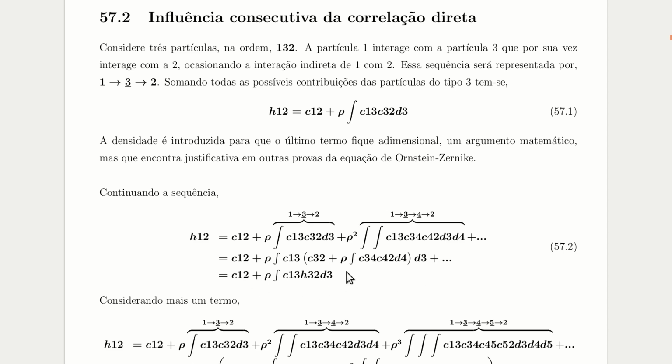The process, you see here on the second interaction, the total correlation function has appeared under the integral symbol. So the h function appears outside and inside.